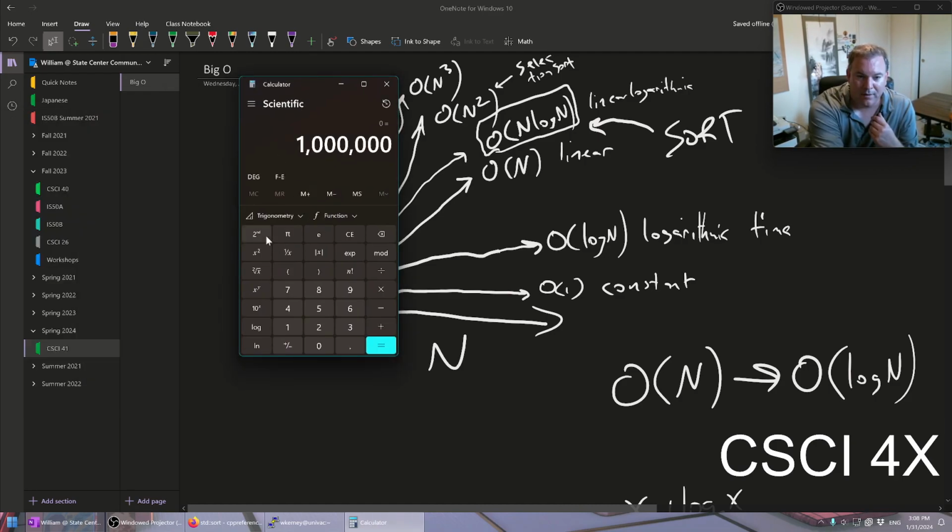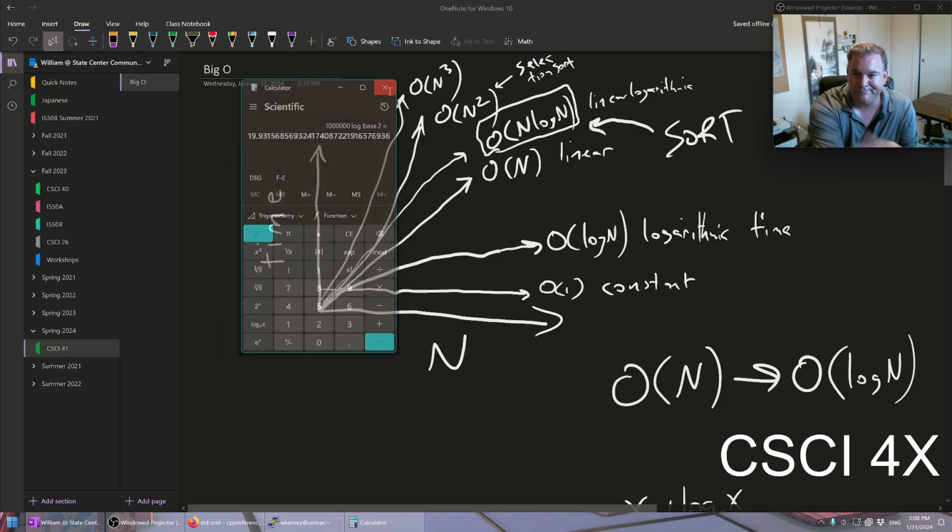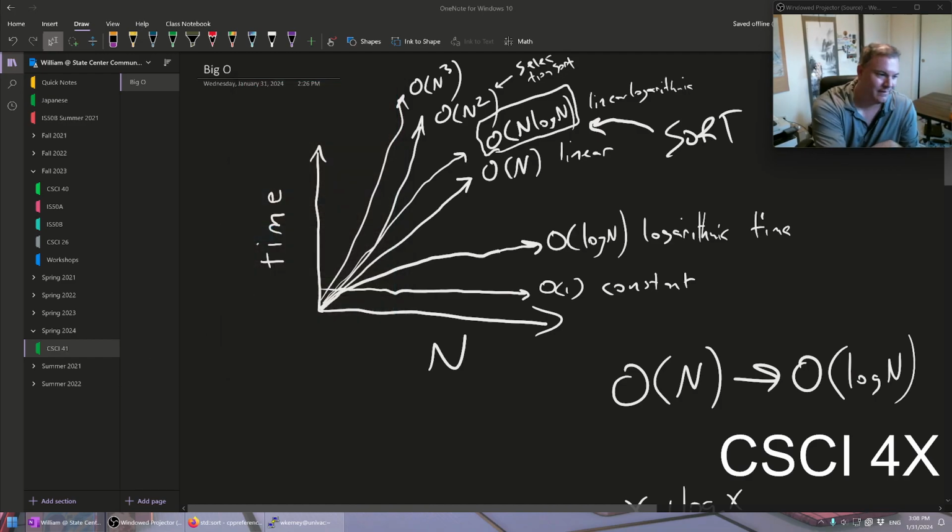Let's see here. 1 million, and we're going to log base 2 this. 19.9. Yeah. Whatever. It's 20. Okay. So there'll be 20 million operations. Not too bad. You can sort 20 million names pretty quickly, right? Like our computers run at 3 billion cycles per second. You can sort 1 million names fast. It'll take longer to print them out than it will to sort them. You know what I mean?